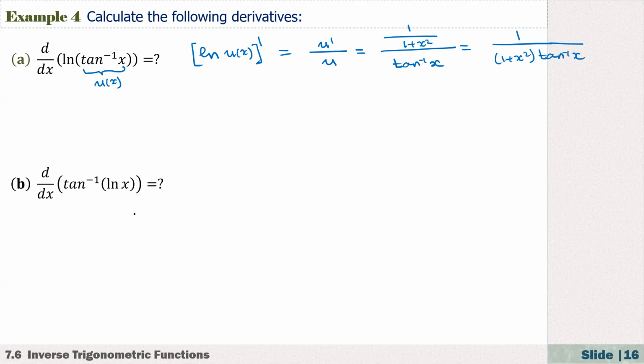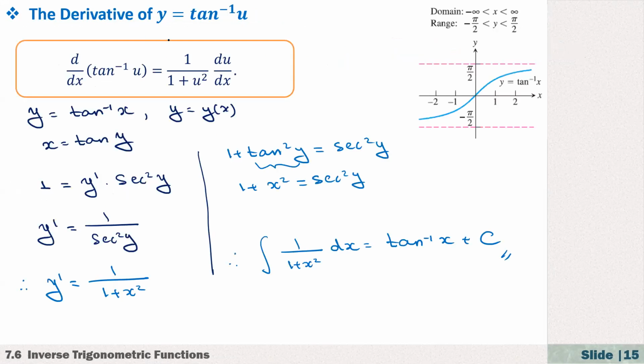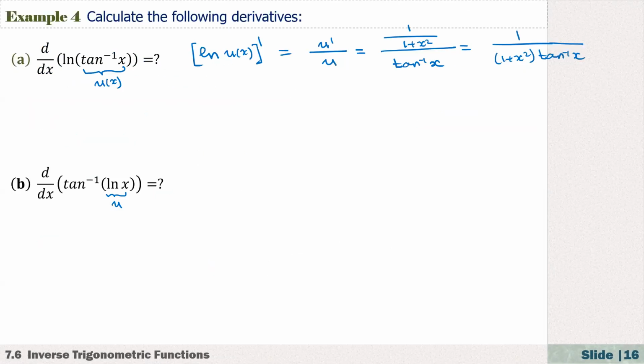For the second one, we have inverse tangent of the natural logarithm of x. Suppose this inner function is u. Then the derivative is 1 over 1 plus u squared times du dx.